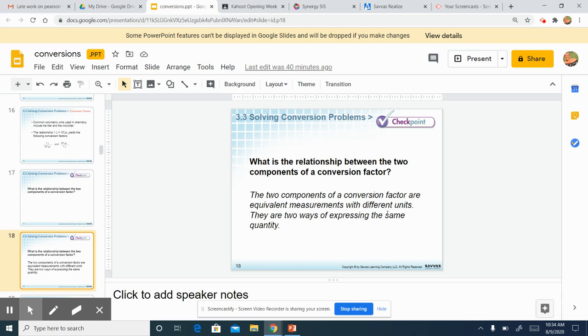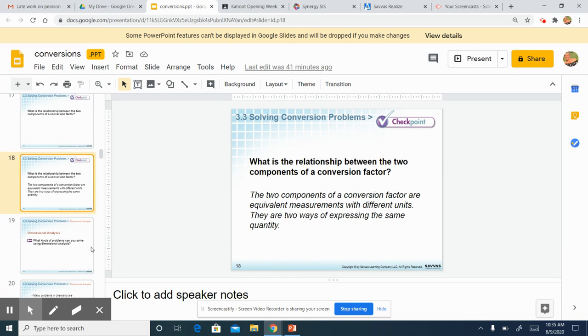You have that metric unit table from Friday that you can refer back to that has all of those units and the power of 10 that were in each of those units to refer back to.